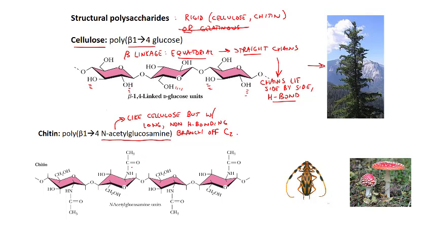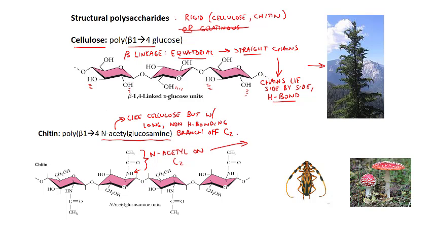So this is that long non-hydrogen bonding branch. I guess technically it can hydrogen bond through the NH there. But we have an N-acetyl group on carbon 2. Otherwise, it's exactly like cellulose.